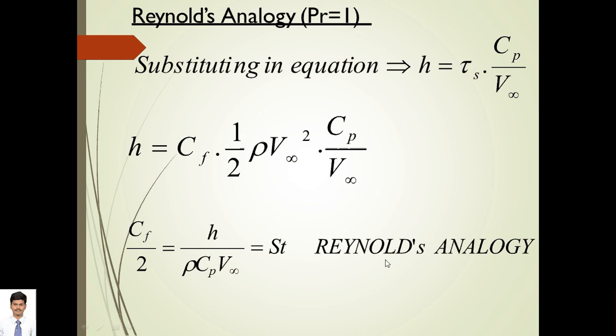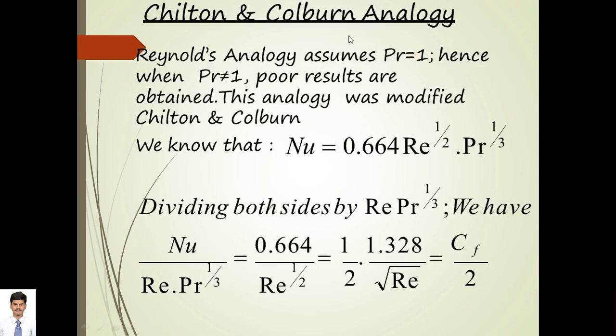This equation is known as Reynolds analogy, and this equation is valid when Prandtl number is assumed as 1. So Reynolds analogy assumes Prandtl number is equal to 1, and when Prandtl number is not equal to 1, poor results are obtained. This analogy was modified by Chilton and Colburn.